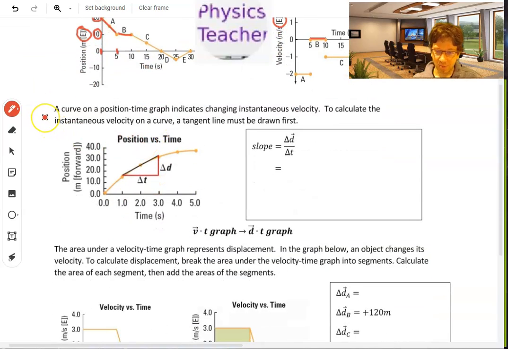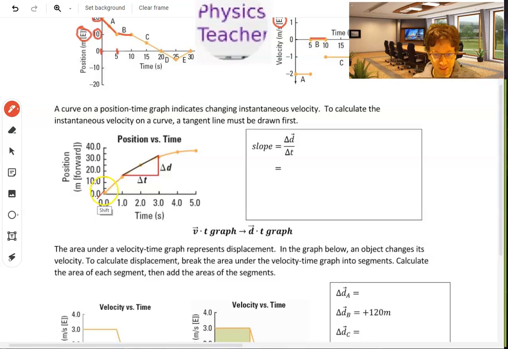So our next example, now we have a position time graph that isn't a straight line, it's curving. Now this is more realistic. Right? A curved position time graph does represent acceleration. Because if we look at the slope at any point, it's changing.